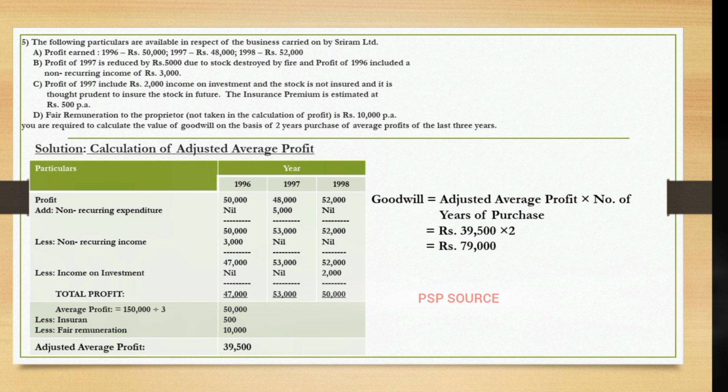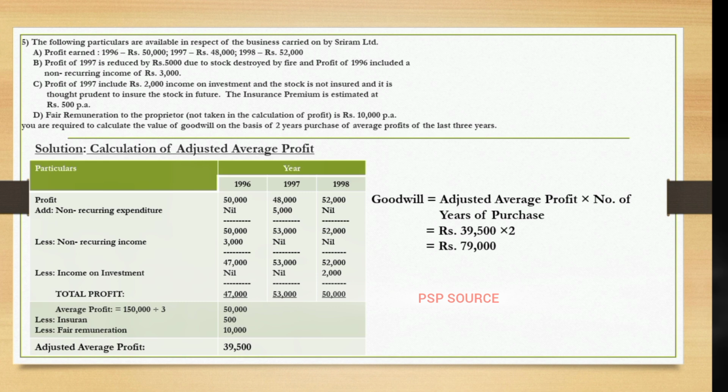Profit of 1997 is reduced by 5,000 due to stock destroyed by fire, which means a non-recurring expense, so we have to add it back to profit. And profit of 1996 included a non-recurring income of rupees 3,000. So non-recurring income is also given, so we have to deduct it from the profit.